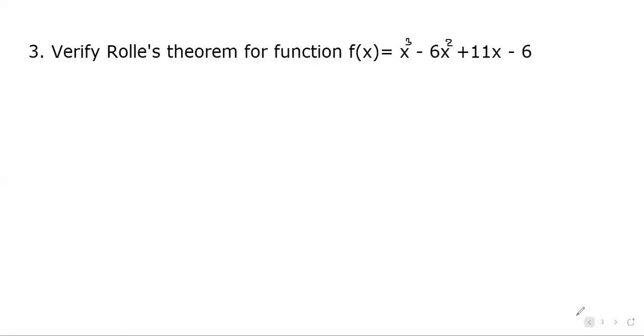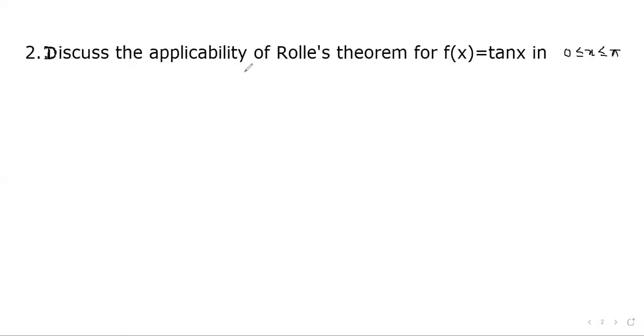Now, question number 2. Discuss the applicability of Rolle's theorem for f(x) equal to tan x in the range 0 to pi, 0 is less than or equal to x is less than or equal to pi. So here f(x) equal to tan x. Now we put f(x) equal to 0 to get the value of x.